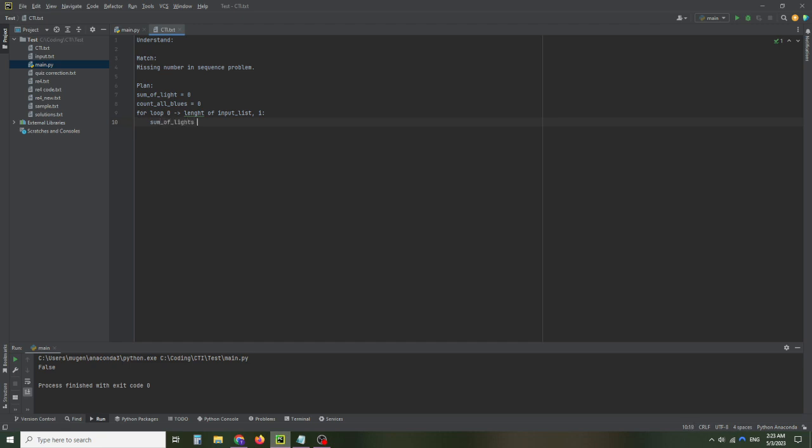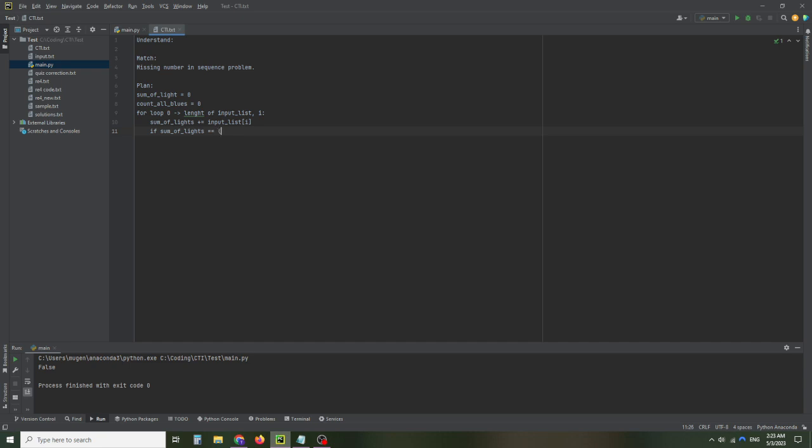So the sum at this current iteration plus equals the input list at i, and then I need to check if it's equal to n. In this case, n is index plus 1 because the index starts at 0. I don't want to start at 0. The sequence always starts at 1.